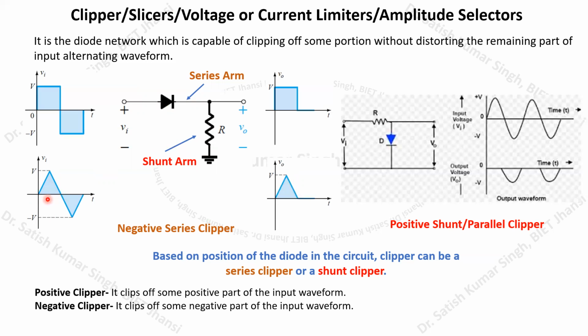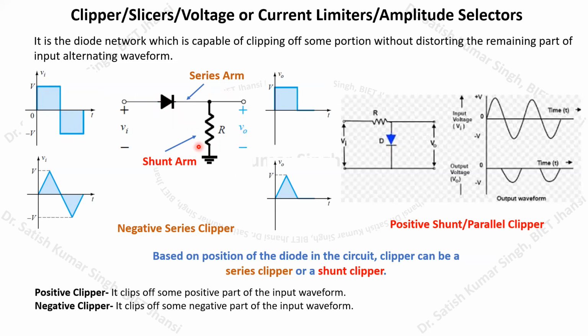So here we are actually clipping off the negative portion of our input waveform. When we take the output across this resistor, we actually get only the positive part of the input waveform, and the negative part is clipped off and does not appear across this resistor because of this particular combination.